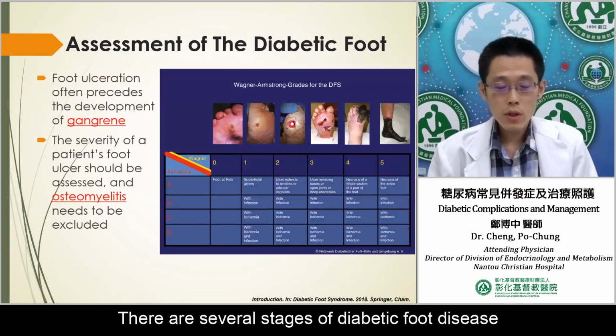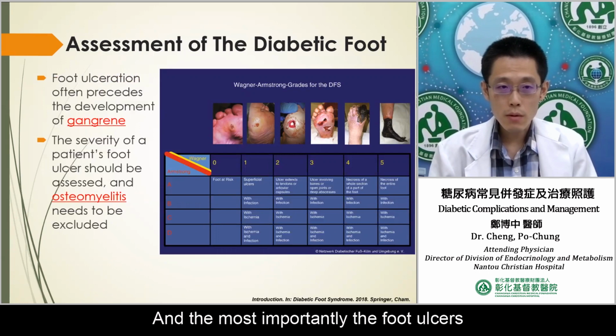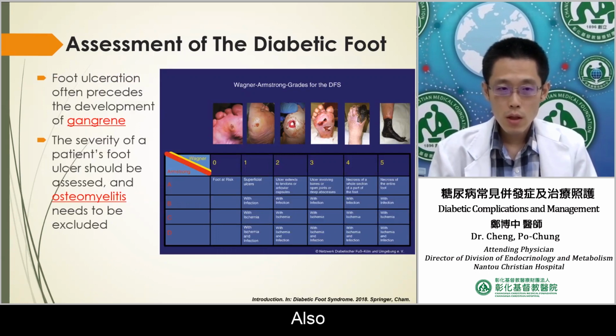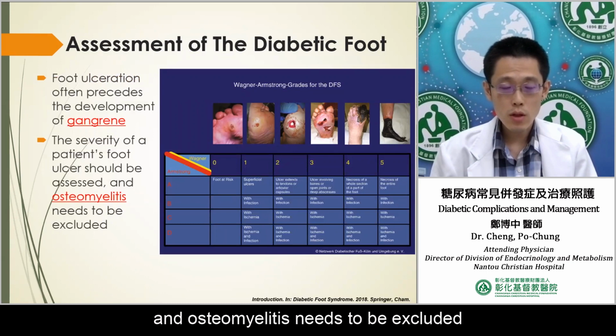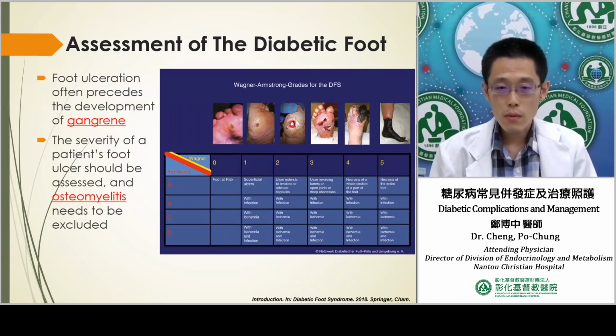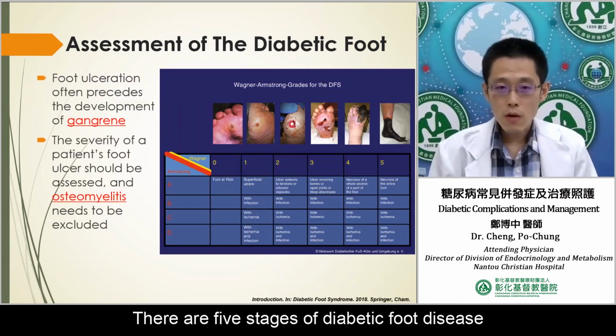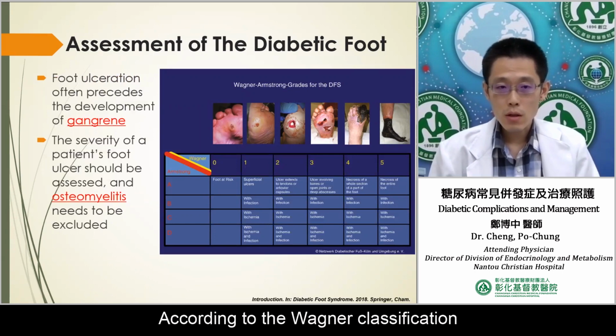There are several stages of diabetic foot disease, and most importantly, foot ulcers can precede the development of gangrene. Also, the severity of the patient's foot should be assessed at every clinic visit, and osteomyelitis needs to be excluded. There are 5 stages of diabetic foot disease according to the Wagner classification.